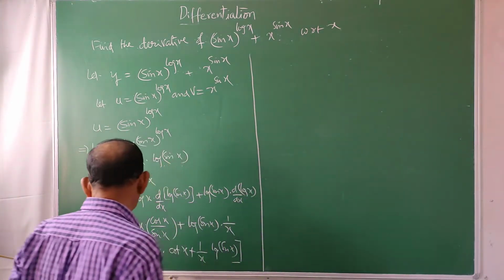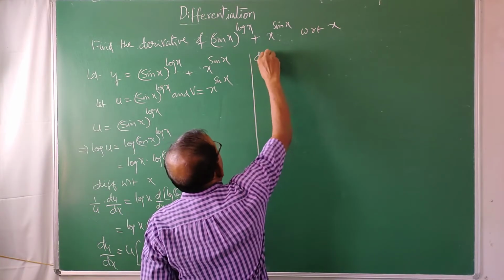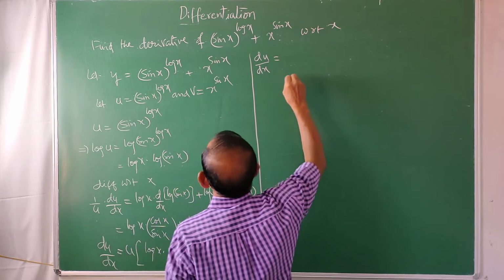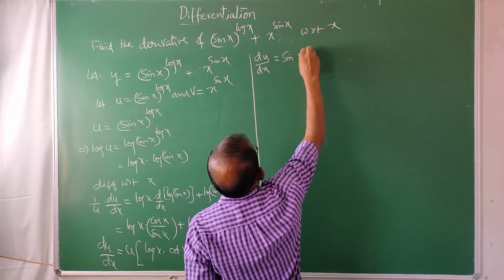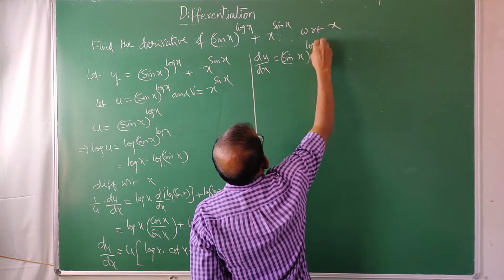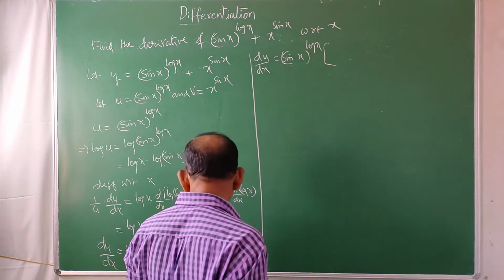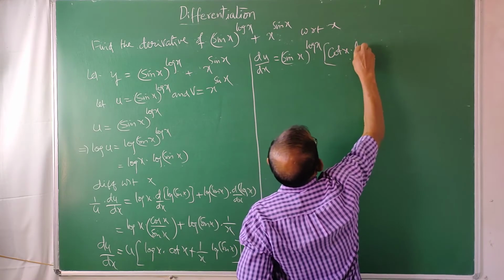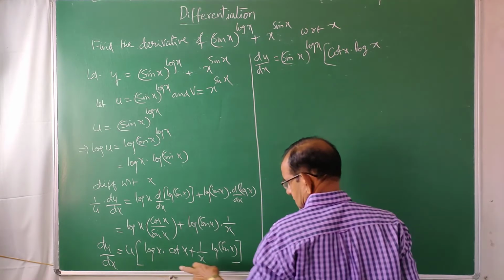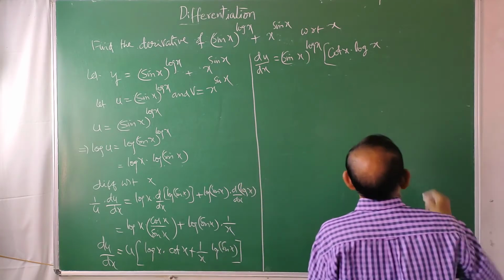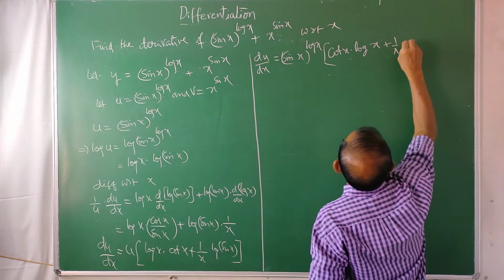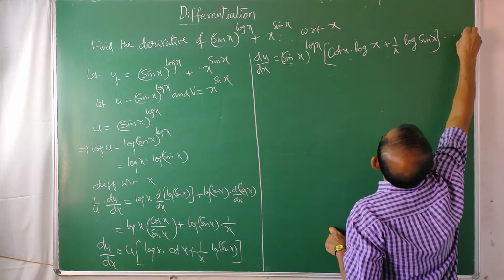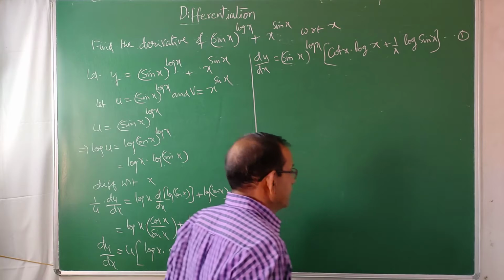So du by dx is equal to sin x power log x into cot x into log x plus 1 by x into log sin x. Take this as 1, that is du by dx value. Now take v.